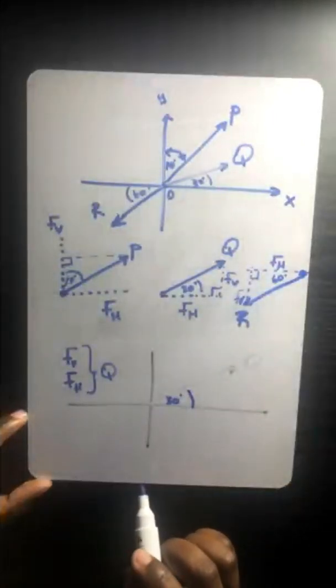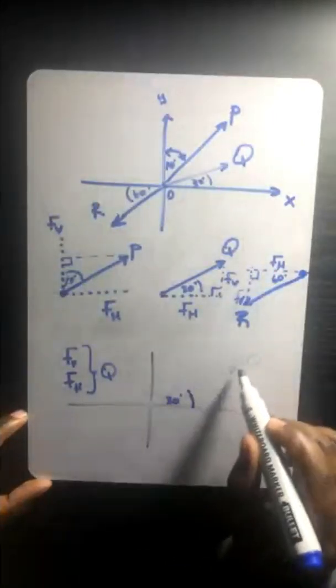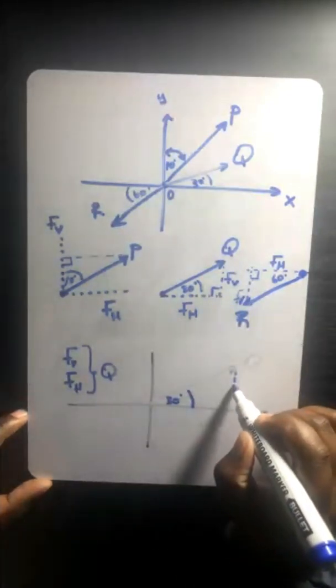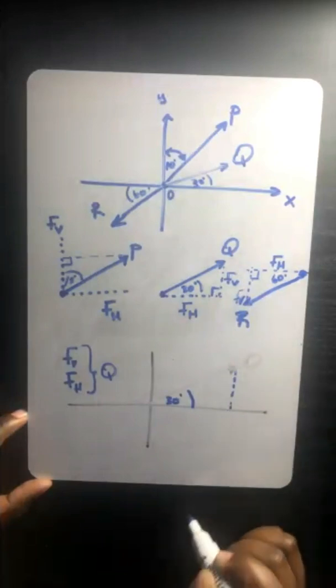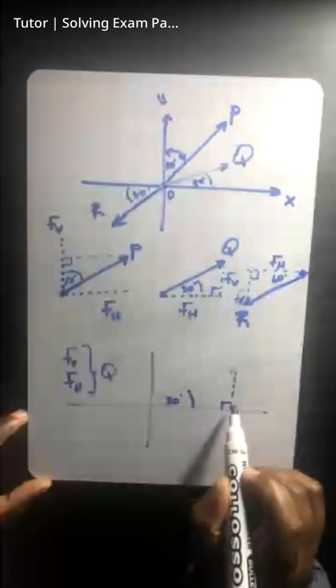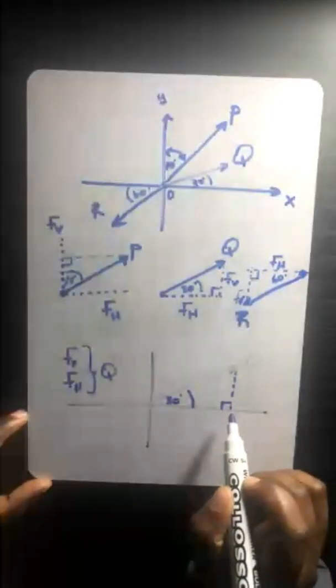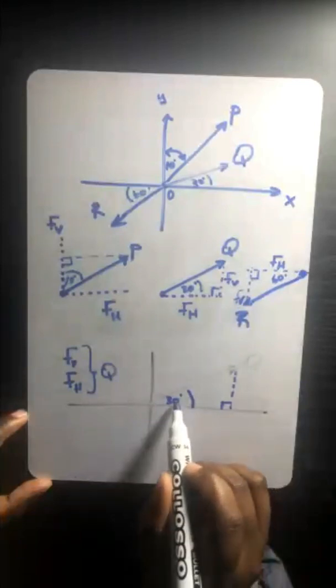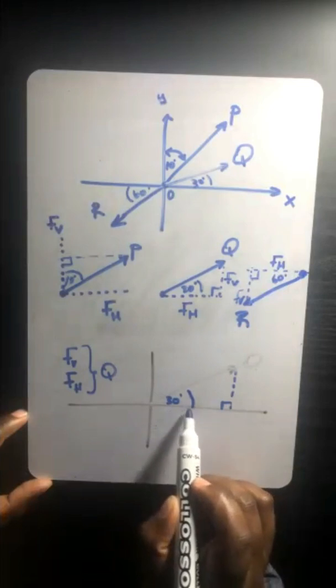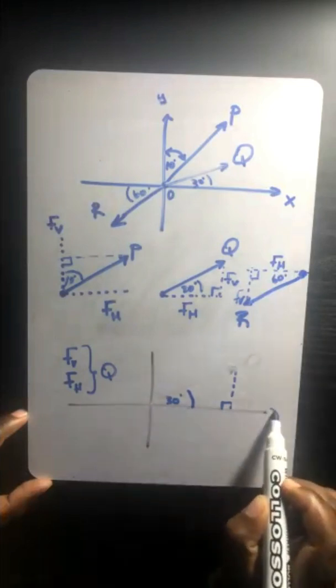So let's try to form a right-angled triangle. You can see that you are going to have your right-angled triangle there. You form the right-angled triangle on the axis which was used to measure the angle. Can you see that the 30 degrees was measured from the x-axis?